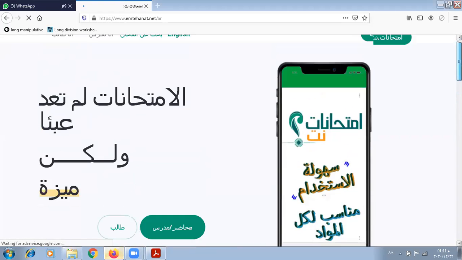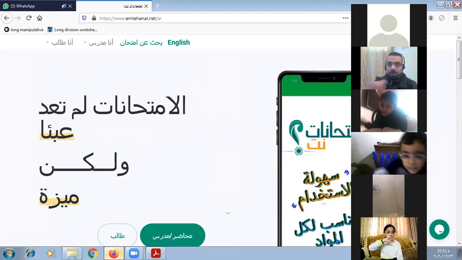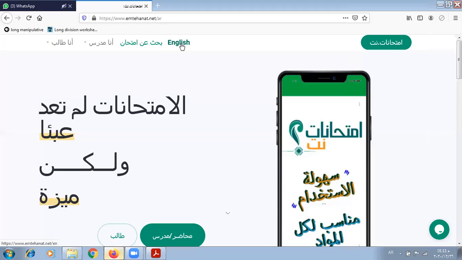An exam, this is the page that you will see in the exam, everyone. This is the exam website. When you get into this page, everyone, listen to me. Before you start the exam, before you put your name, change the language into English.